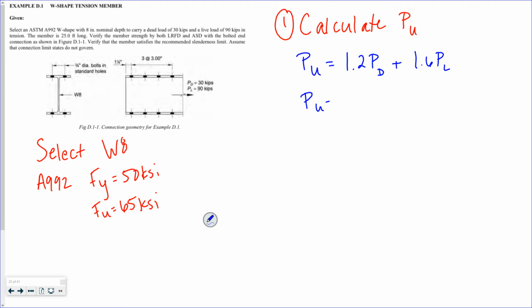PU is 1.2 times 30 kips, that's my dead load, plus 1.6 times 90 kips, which is my live load, and that gives me 180 kips. I need something that will carry 180 kips.